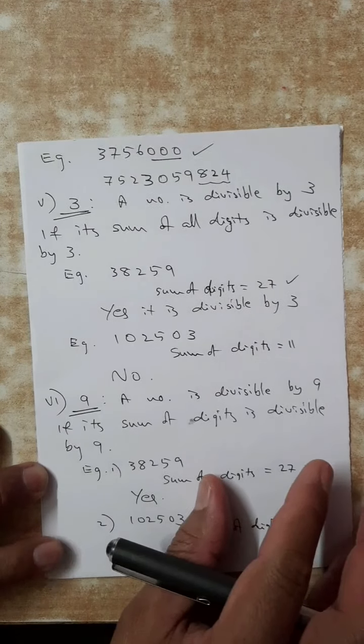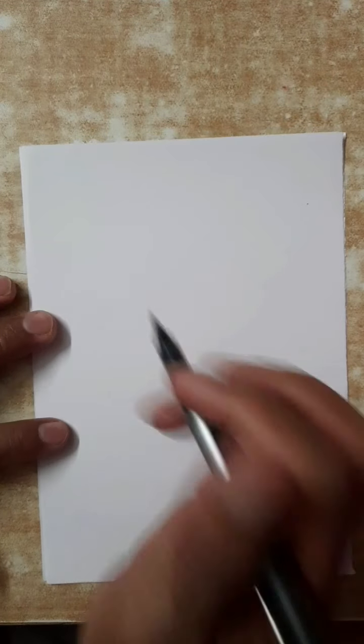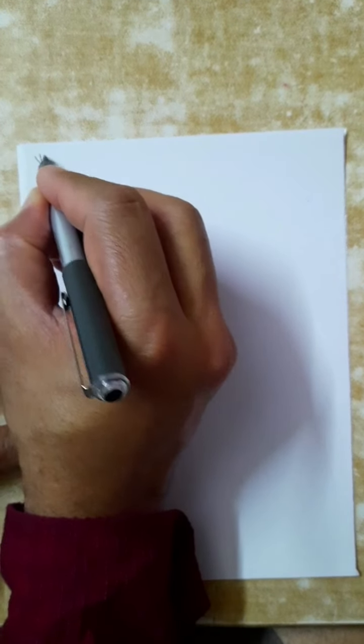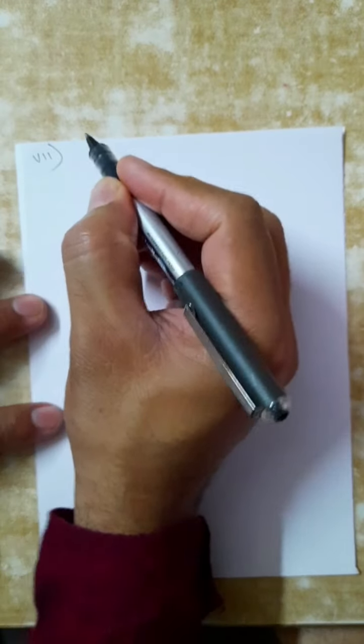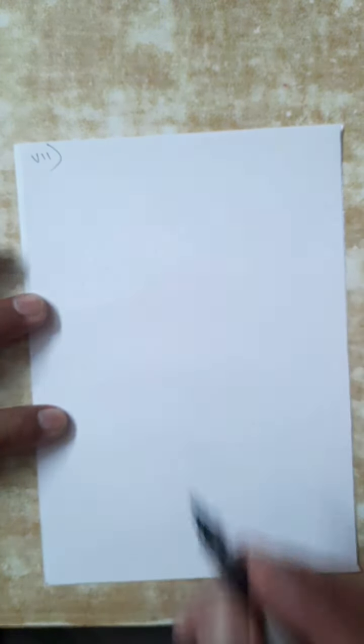Next we will go to 6 and 12. What is the divisibility test of 6? A number is divisible by 6 if it is divisible by both 2 and 3.